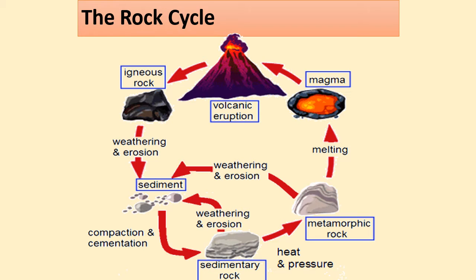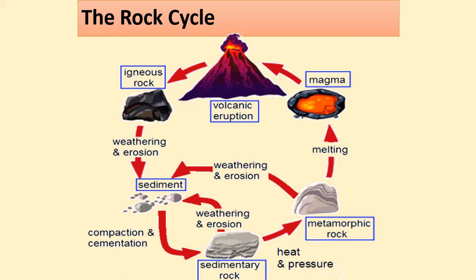Now, metamorphic rocks, just like any other rock, if they're sitting out on the Earth's crust, the wind, the rain, and other types of weather can break them down into sediment. So if metamorphic rock breaks down into sediment, that sediment can make its way into rivers, make its way into the sea, be compacted and cemented, and form sedimentary rock.